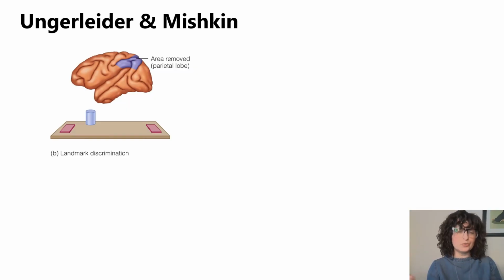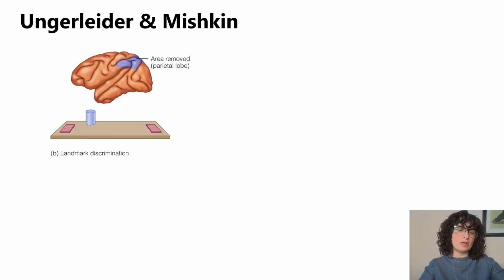They also created tasks that aligned with the particular parts of the brain that they thought might be involved. So they created a landmark discrimination task where the monkey was being asked to locate where a cylinder is on the display, and the food reward would be underneath the food cover.